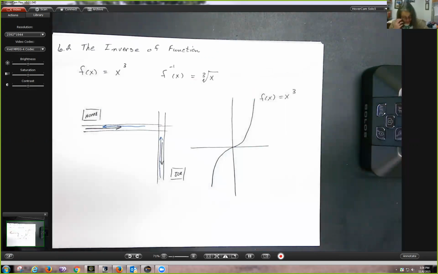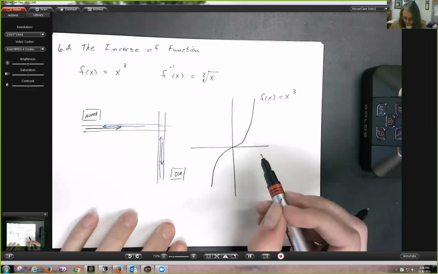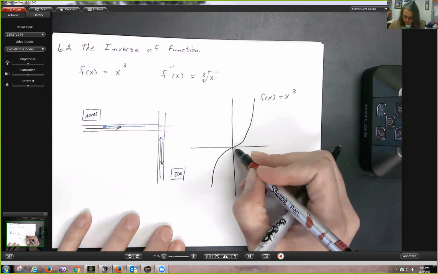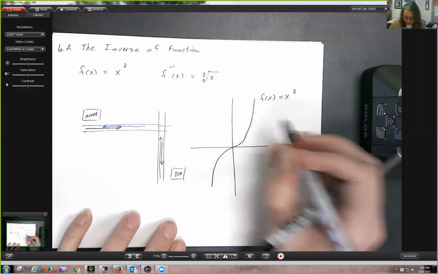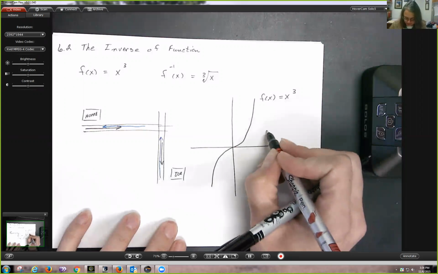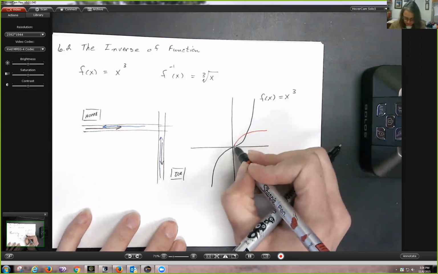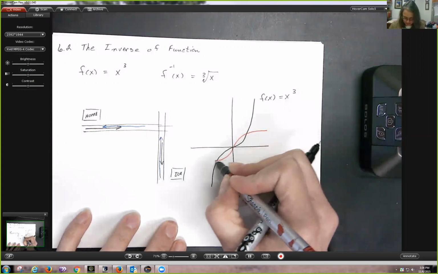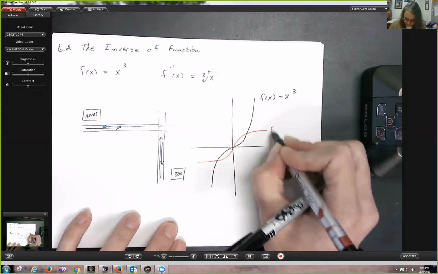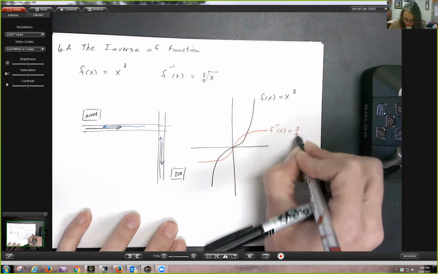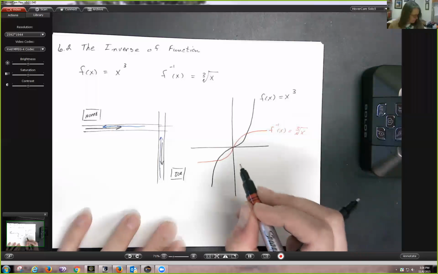Now, if I were to graph its inverse, so cube root of 8 is 2. So its inverse goes this way. Now here's the thing.